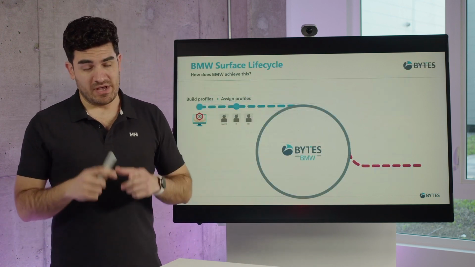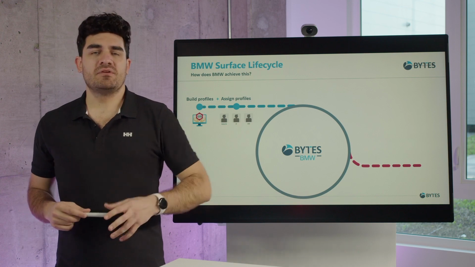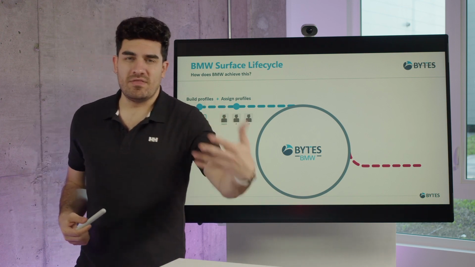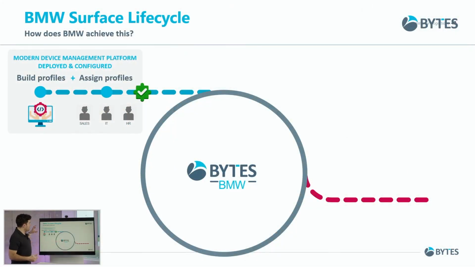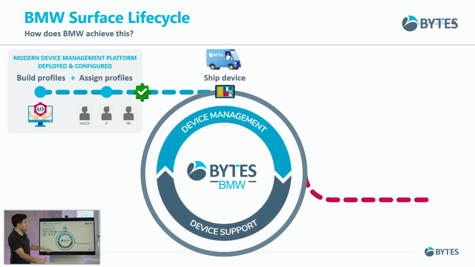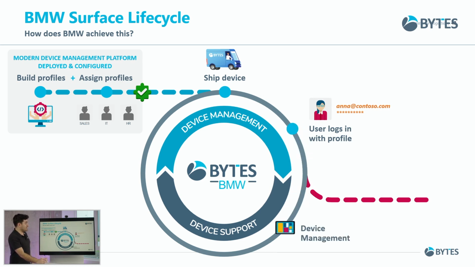So that life cycle I mentioned earlier, here's just another view of that, now aided with the support of your partner, Bytes, throughout the process. They'll build the profiles for each of the different distinct roles in your organization. They'll assign the profiles to the users and then ship it to the people who need it. When those people log in with their profile, they're pretty much good to go because they have Autopilot.